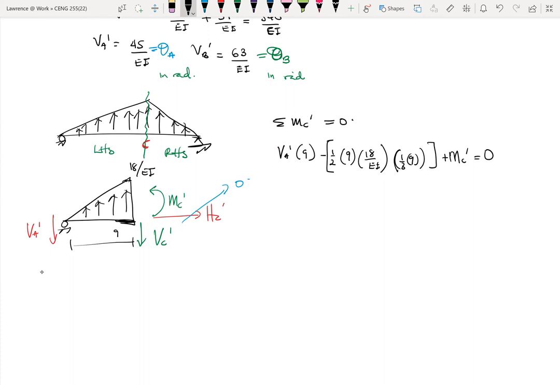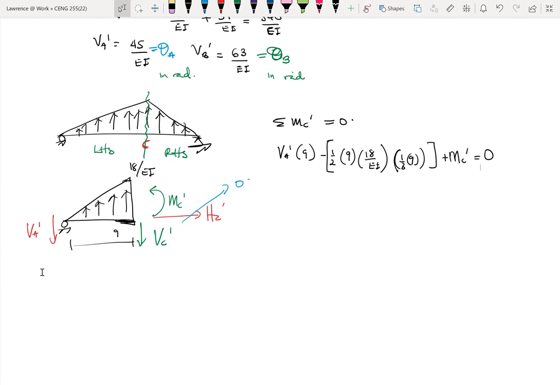The reason why we have the MC prime, even though we are finding moments about C, is because MC is a point moment. The reason VC prime is zero is because if you're finding moment at C, you need to multiply VC by the moment arm, and because VC occurs at the same point as point C, the moment arm is zero.